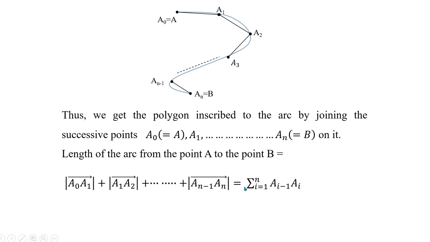Simply we can write this as summation i from 1 to n of A i minus 1 to A i. We denote this as L delta, the length of the polygon for the subdivision delta, equal to summation i equal to 1 to n mod of r vector of ui minus r vector of ui minus 1.